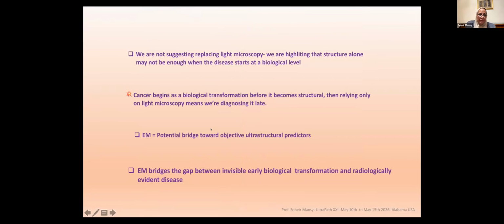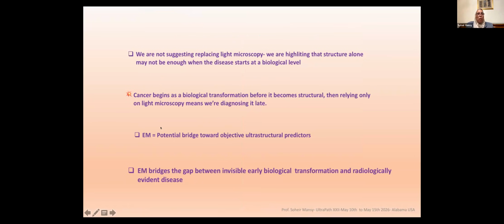Take-home message: we are not suggesting replacing light microscopy. We are highlighting that structure alone may not be enough when the disease starts at a biological level. Cancer begins as a biological transformation before it becomes a structure, so relying only on light microscopy means we are diagnosing it late.